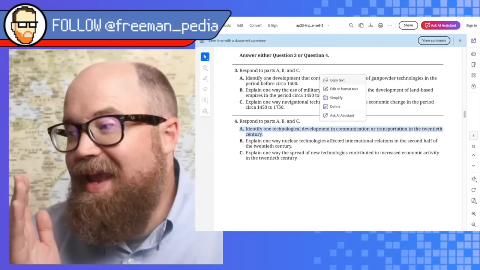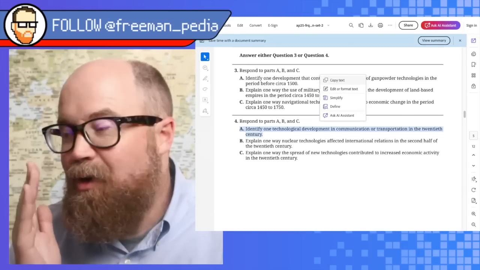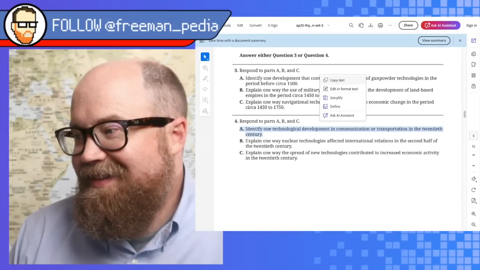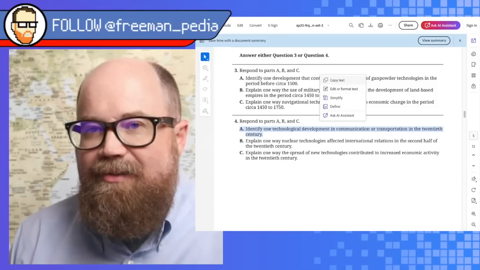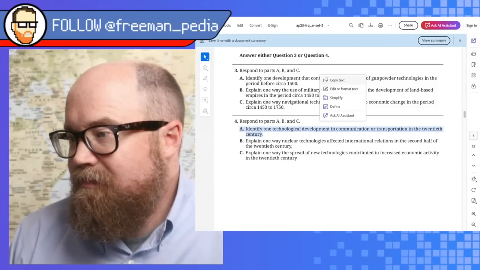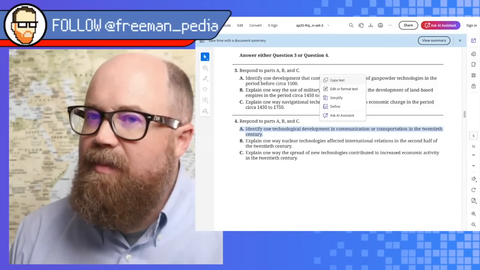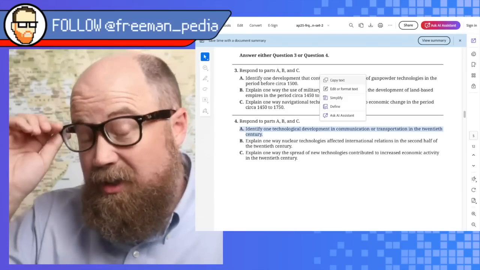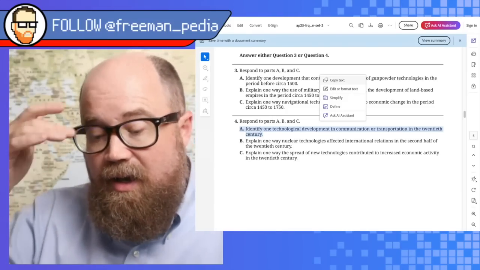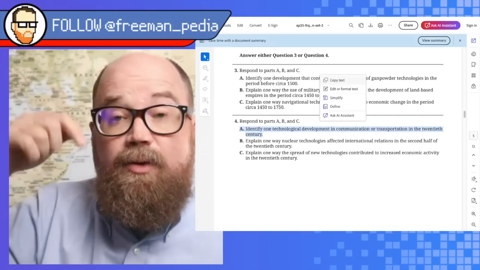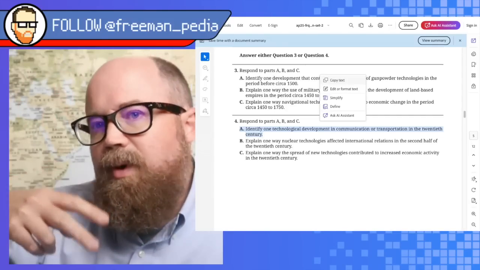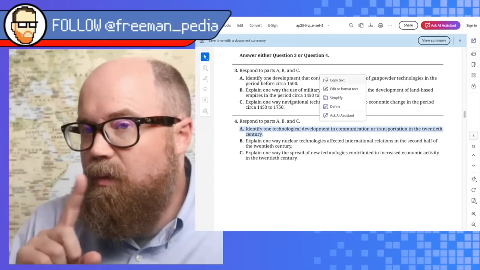Can you name any transportation or communication technology? Cell phones. Development. You could, I mean, the College Board in Unit 9 literally says radio and television. They also say the radio and telephone, both older, but both developing into. So if you went with those, I bet they're going to take them.